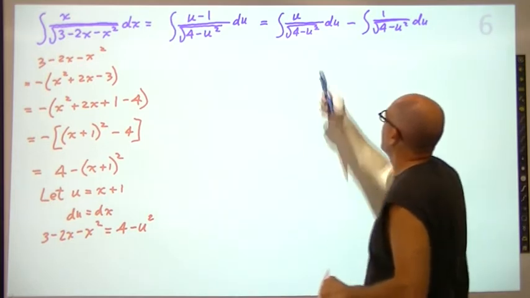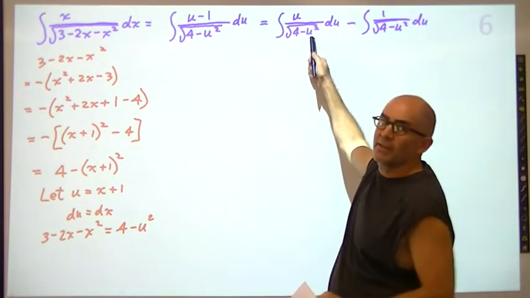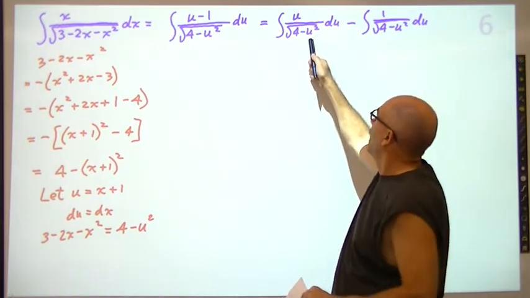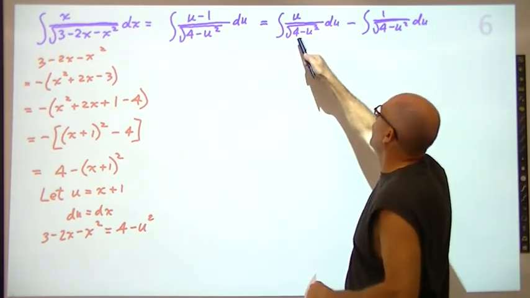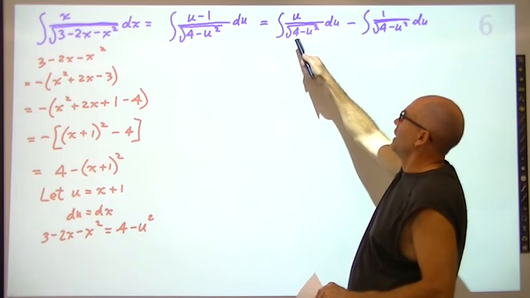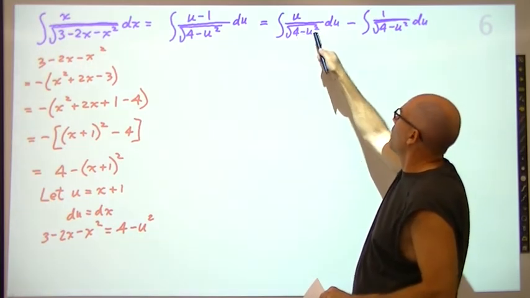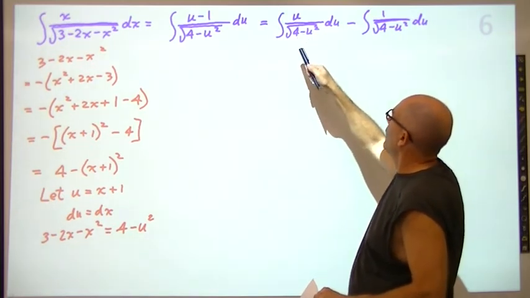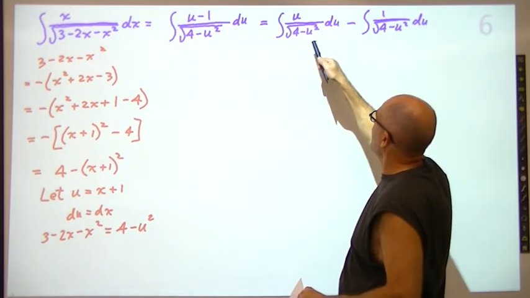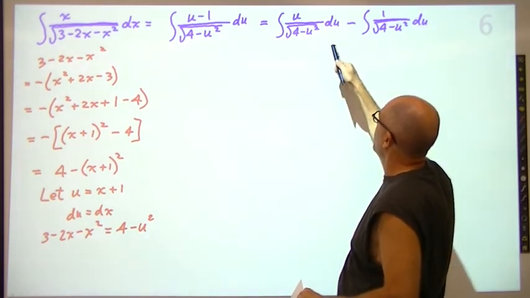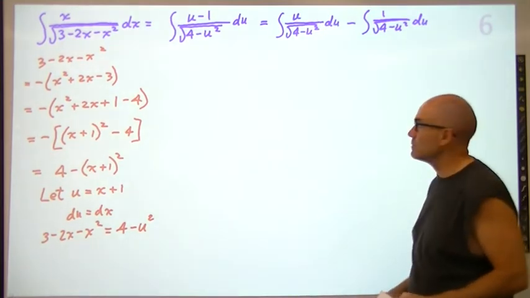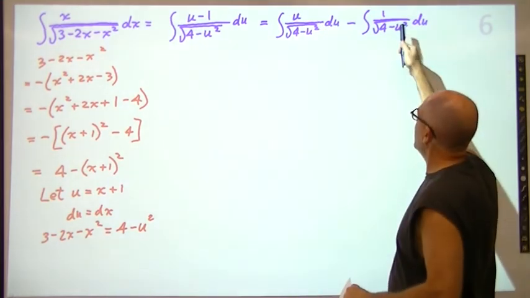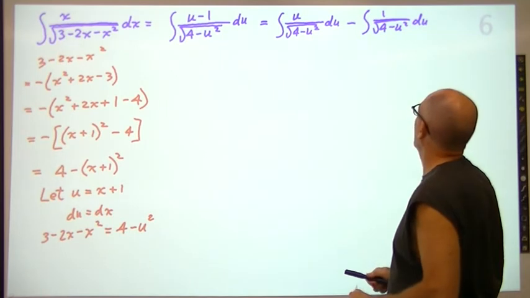Now notice this one you could do with a u substitution, because if you let v equal 4 minus u squared, then you'd have dv equals negative 2u du, and there's your u du right there. This one you need a trig substitution.